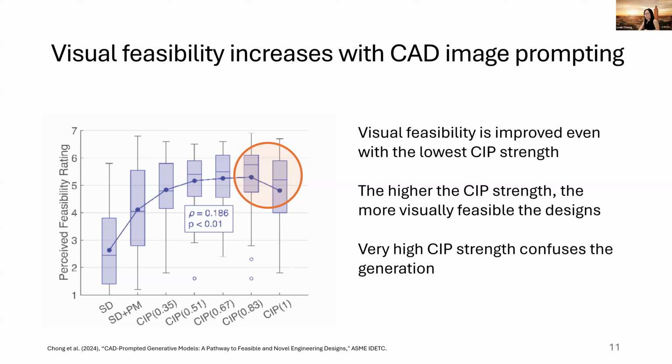And we think that this is happening because the model is trying to balance the text prompt and the image prompt. So if it's too high of a prompting strength with the image, then now it's getting confused whether to put the text first or the image first, and it's confusing the generation. So that was visual feasibility.